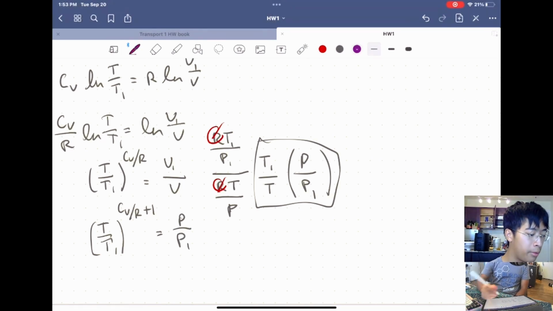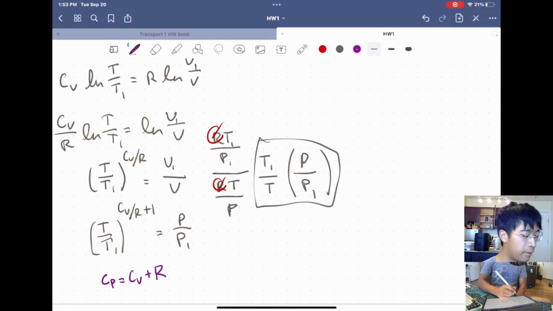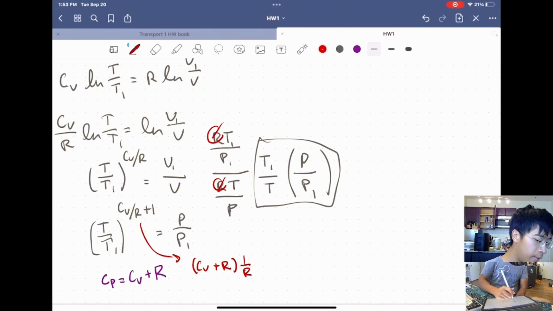We'll call on one more relationship, and that relationship is that we know that Cp, the heat capacity at constant pressure, is equal to heat capacity at constant volume plus R. This is a known relationship. This we can use to apply and simplify here. We can factor out a 1 over R, so we're left with Cv plus R, all over R. We see that Cv plus R there, right?